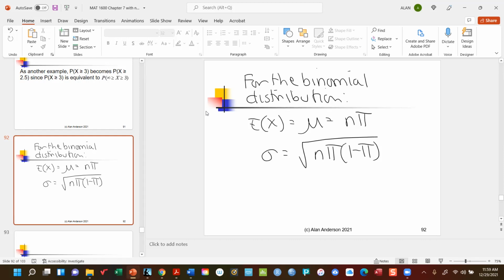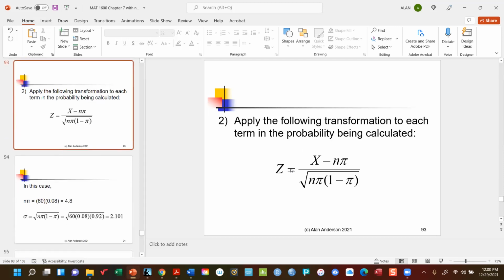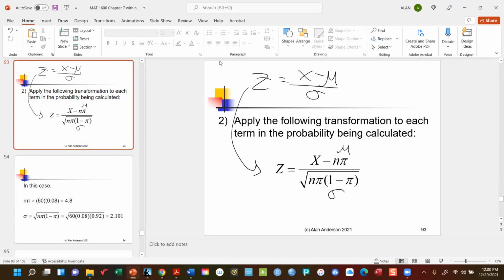Why does that matter? Because we're going to need to convert our binomial random variable into a standard normal random variable, and we'll be using these values to do so. In other words, this formula that we were using earlier is going to be replaced with this one. So you notice how the mu becomes n pi, and the sigma becomes the square root of n pi 1 minus pi.